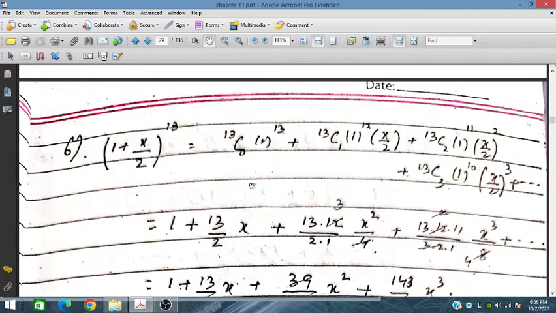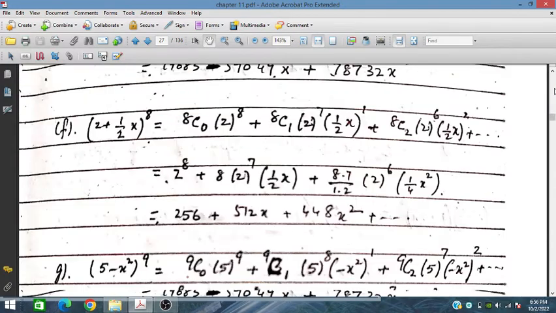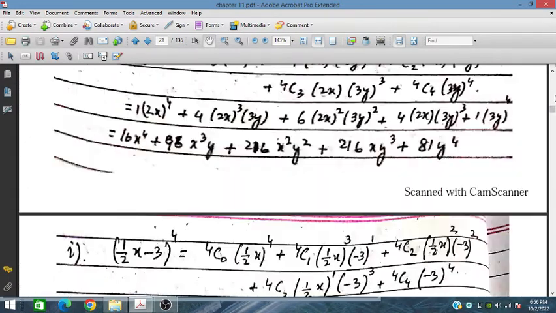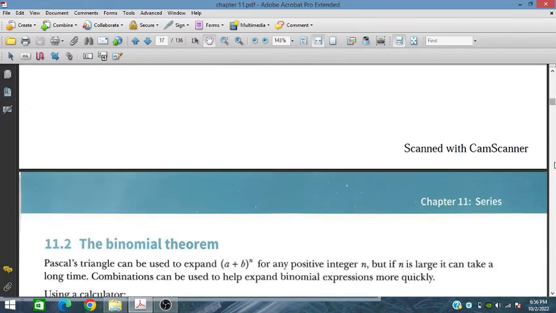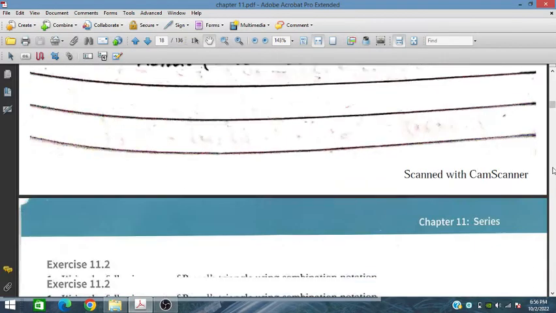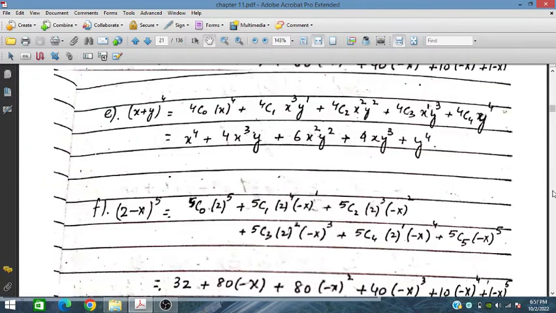Similarly for problem number 6, we have to write down in ascending power the first 4 terms of this one, and then write down here these first 4 terms and multiply to get the coefficient of x power 3. So it's easy.